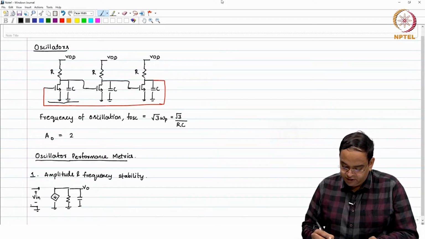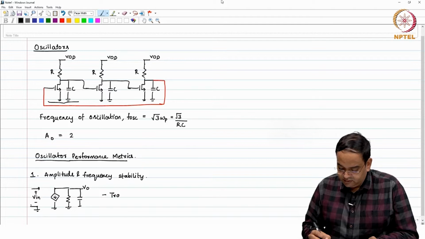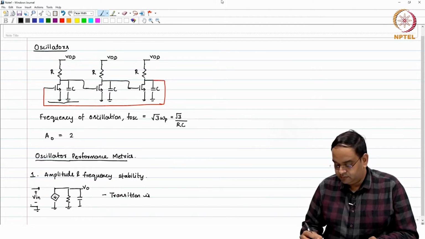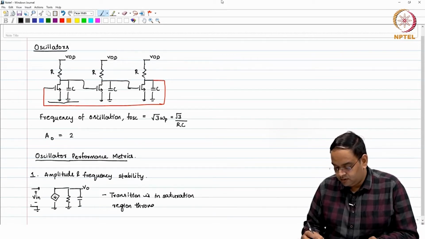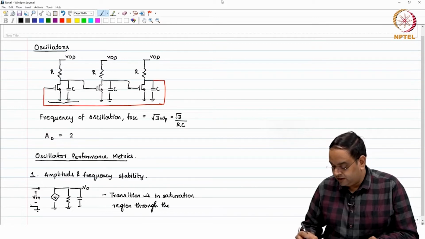So, our assumption was the transistor is in saturation region throughout the oscillations.